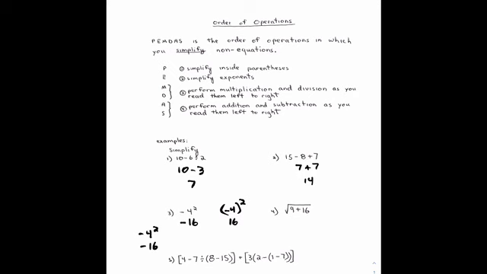So we have negative 4 squared is negative 16. It's the same problem, right? So a negative 4 squared is really subtracting a 4 squared. That's why negative 4 squared is negative 16. If you have a question on that, please ask me.